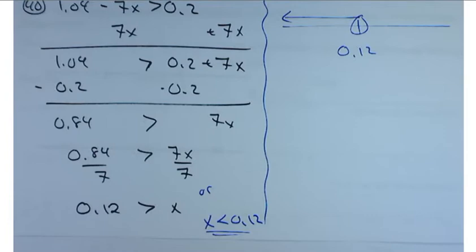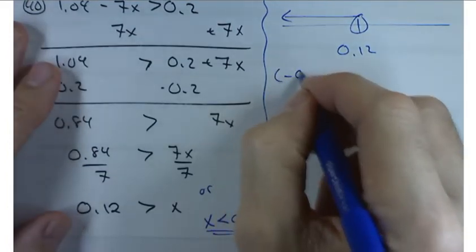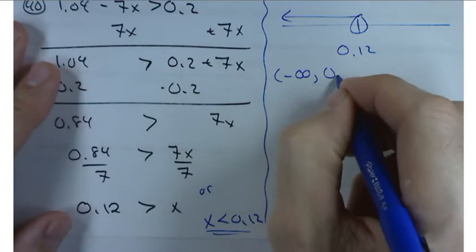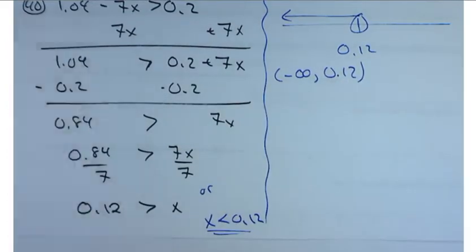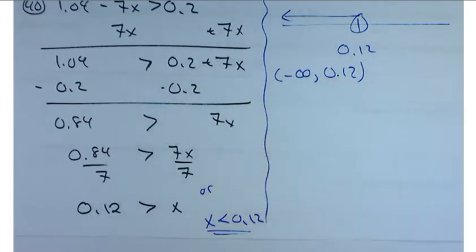Ted, how about the interval notation? What would that look like? Well done. So parentheses around negative infinity up to 0.12 and parentheses around that as well. Well done. Yes. Does it have to be negative infinity?